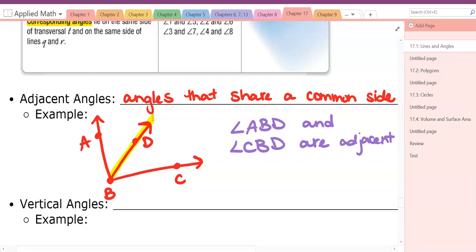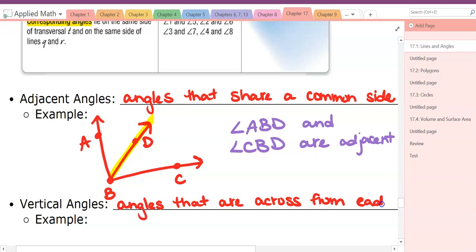Now vertical angles are across from each other. So they're directly across from each other in a picture. The key thing about vertical angles is that they are congruent. They're going to have equal measures.